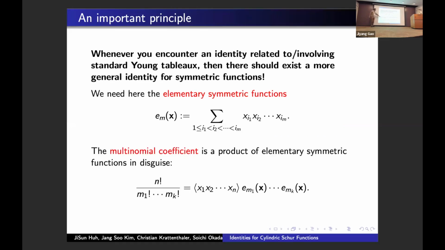And then whenever you see a multinomial coefficient, then this is really a product of elementary symmetric functions where you take a particular coefficient. More precisely, if you have this multinomial coefficient, so what I'm assuming here without saying is that the sum of the mi's is equal to n, then this is equal to the coefficient of x1, x2 up to xn in this product of elementary symmetric functions.